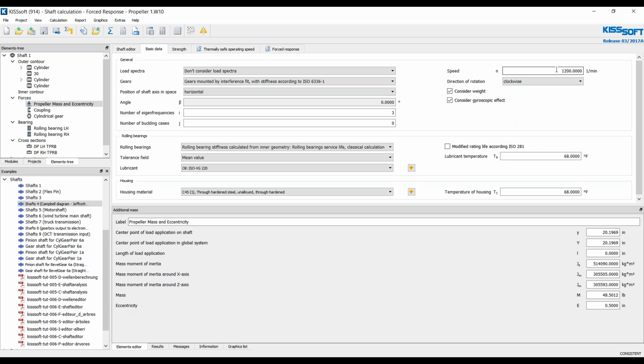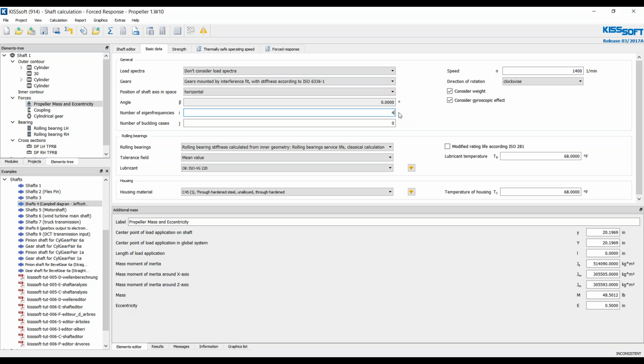In the basic data, I want to put this at 1400 for now. I can consider the gyroscopic effects and weight. This gear is mounted by interference fit with stiffness.